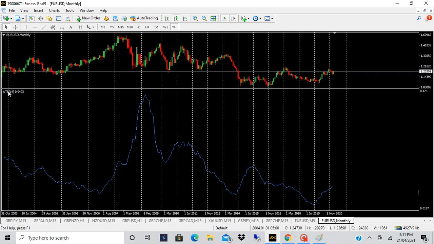On the monthly, how do I read this figure? On the monthly time frame, one candlestick here represents 1 month, right? Most of you guys should already know that.